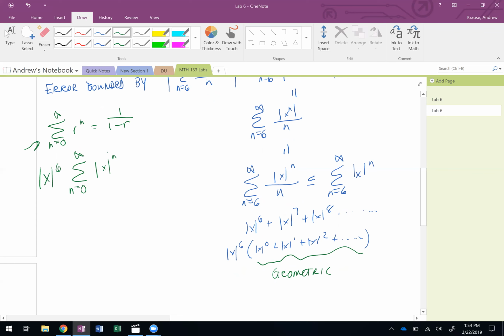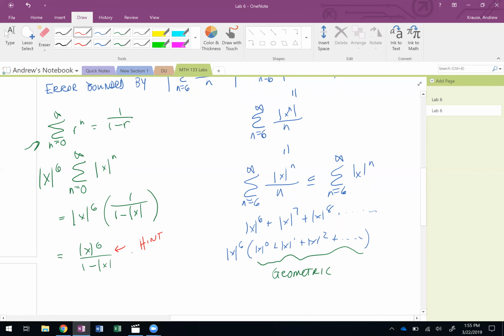Using the geometric series sum rule, I know this is equivalent to the absolute value of x to the 6th times 1 over 1 minus whatever this r factor is, and that is the absolute value of x. Then if I multiply into the numerator, I get the absolute value of x to the 6th over 1 minus the absolute value of x. And that was a hint that you were given during class.